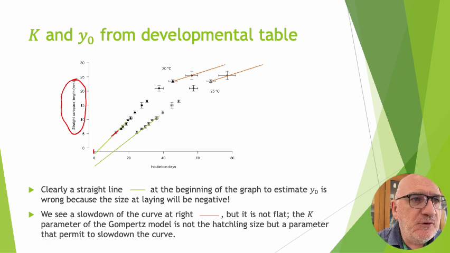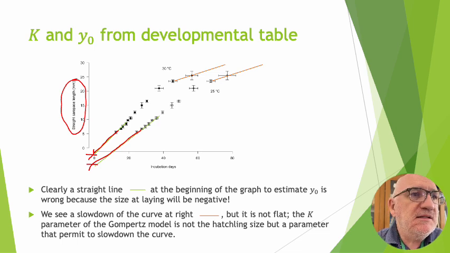You see that if you just make a linear extrapolation from this point here, you will estimate a negative straight carapace length at laying time. This is not correct. This is expected because you will see that the Gompertz curve will look more like this.